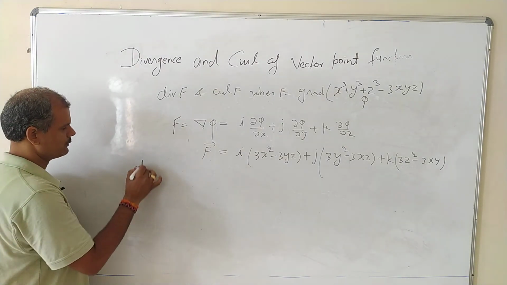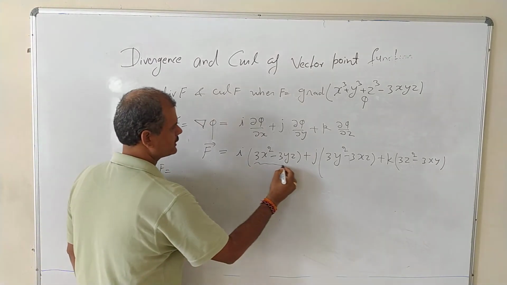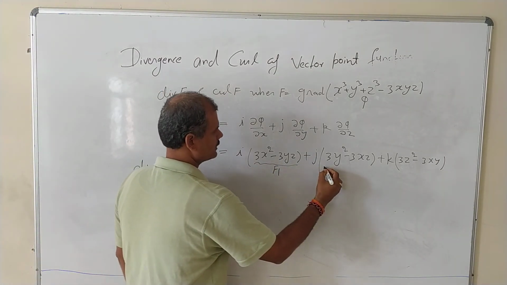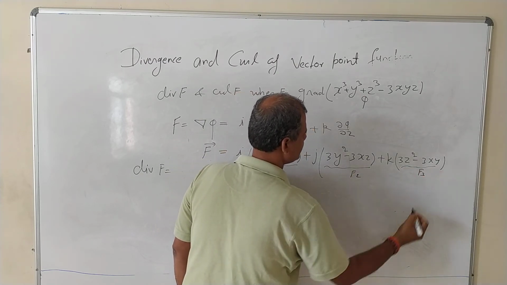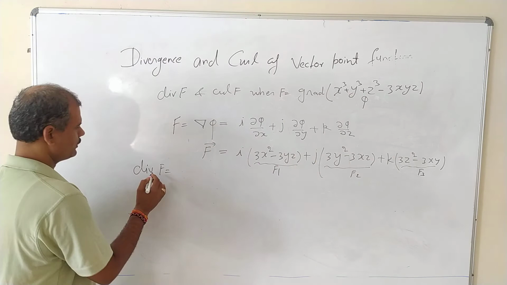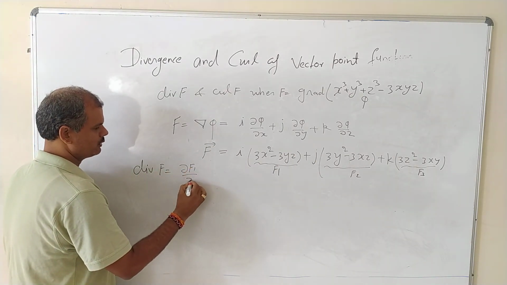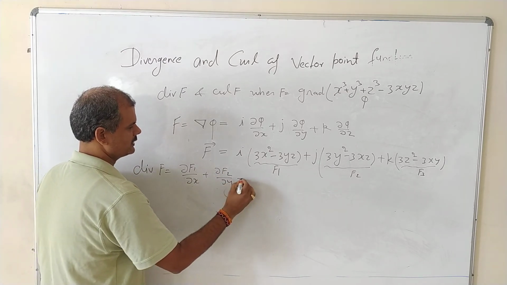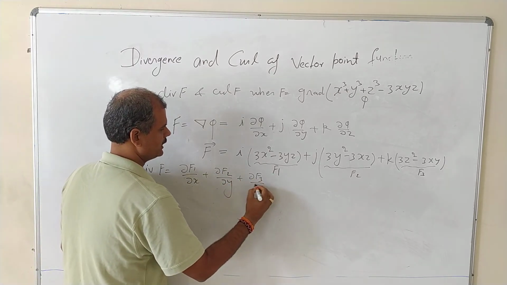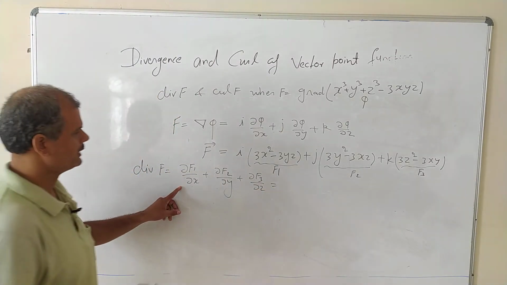Now divergence of f. So this is your f1 component, this is your f2 component, and this is your f3. Right. So the divergence of f will be del f1 by del x plus del f2 by del y plus del f3 by del z. Fine. So del f1 by del x, what we get?